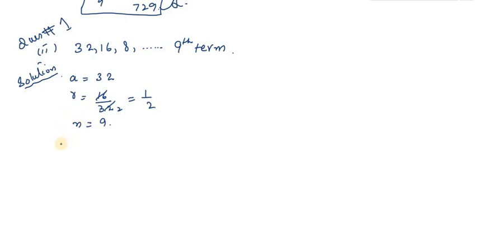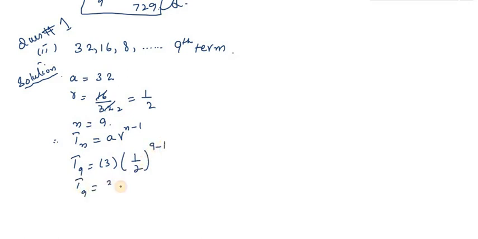So here we use the general term formula. Tn is equal to a r to the power n minus 1, and n is 9, a is 32, r is 1 upon 2, 9 minus 1.